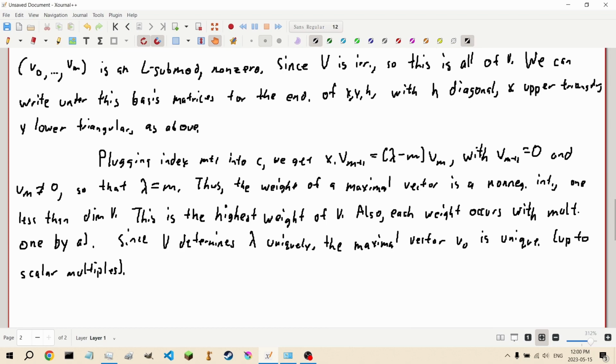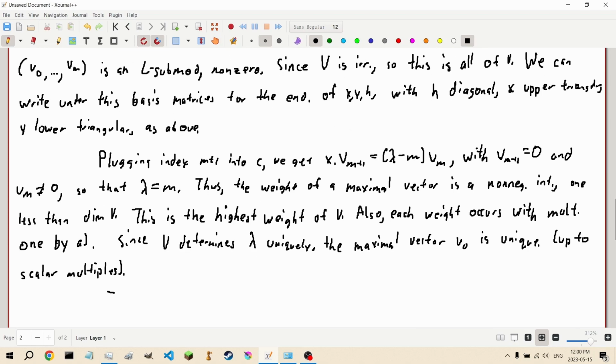And so we have our results, which you can write as a theorem. Let V be an irreducible module of L being sl_2(F).